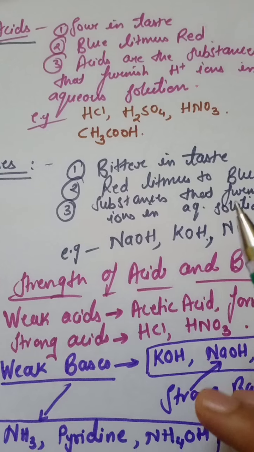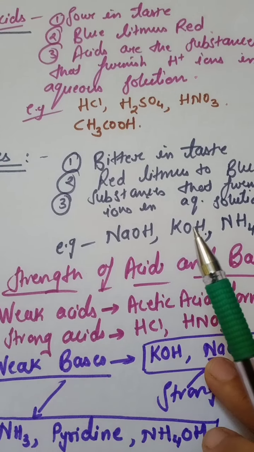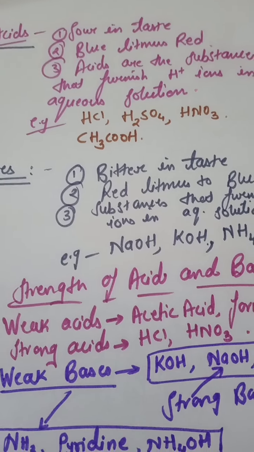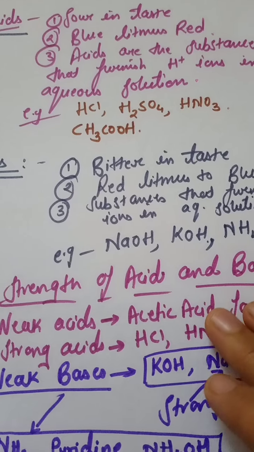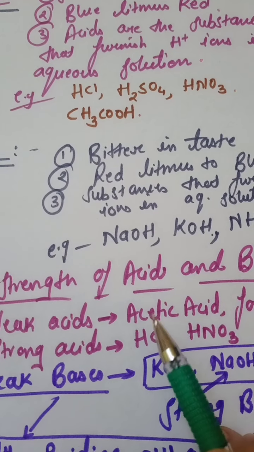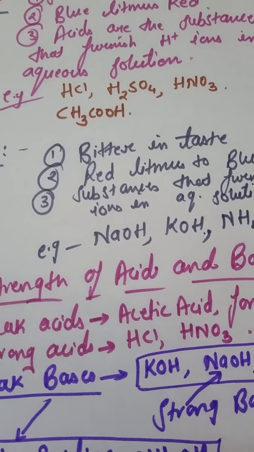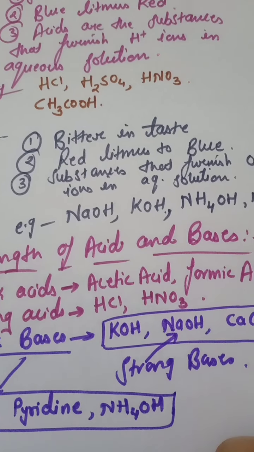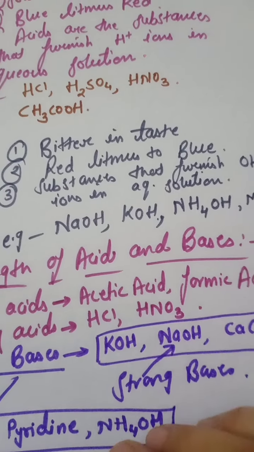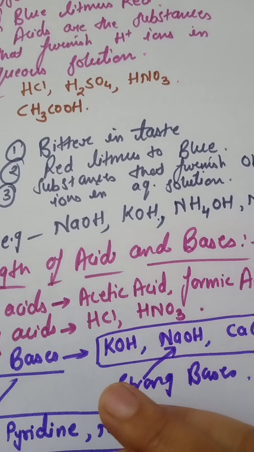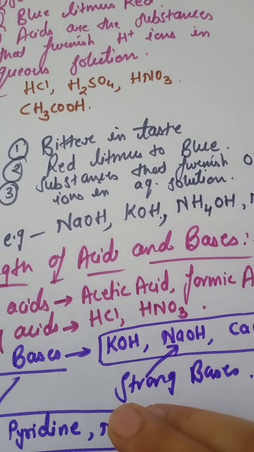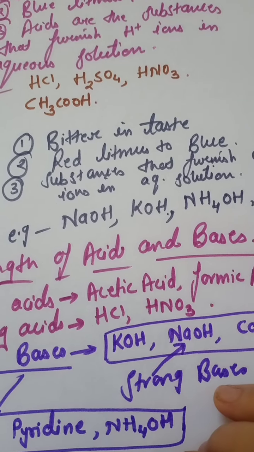The next topic is the strength of acids and bases. Generally, the strength of an acid or base depends on the number of H positive ions or OH negative ions produced by them respectively.